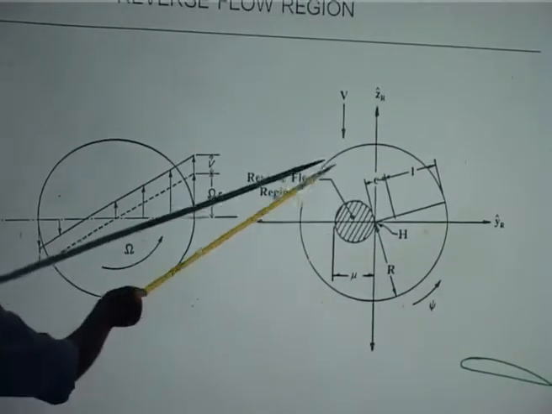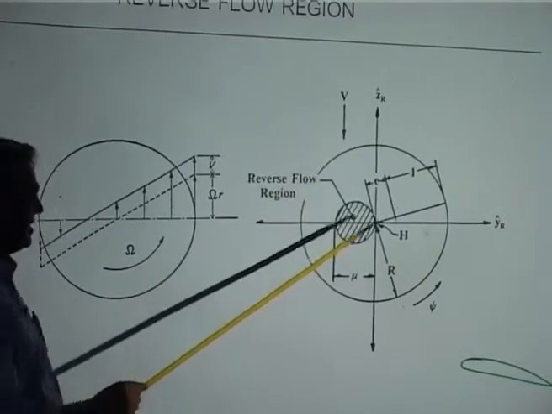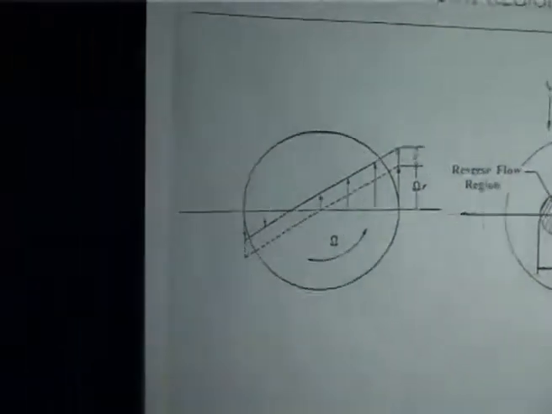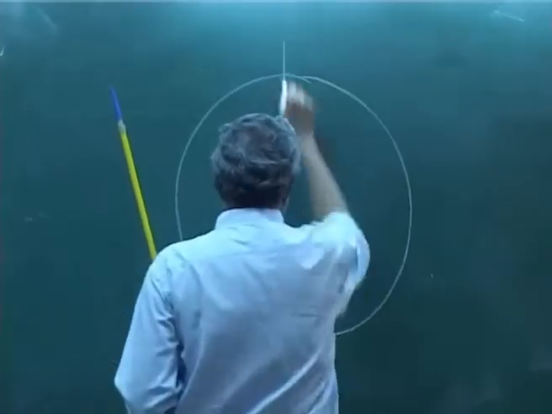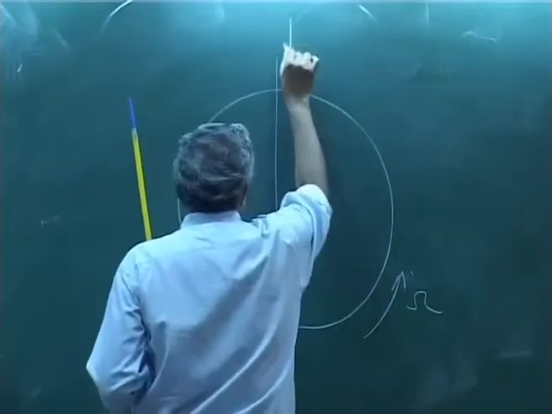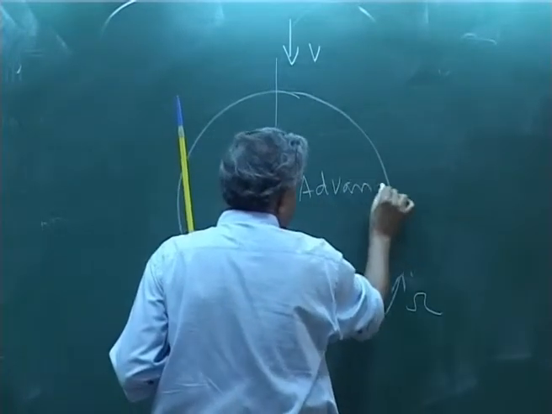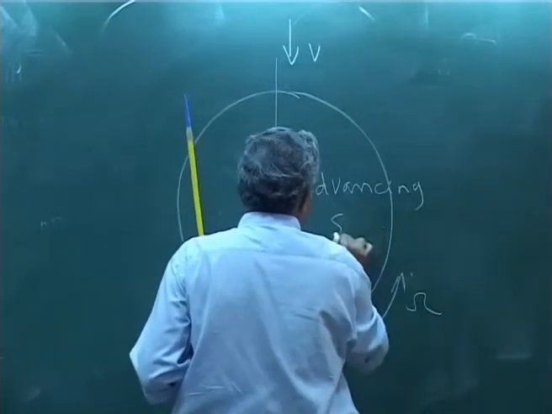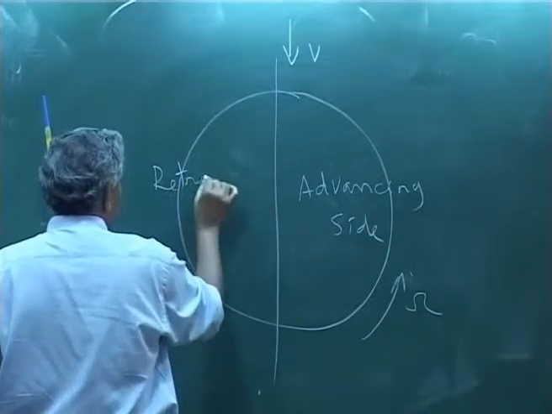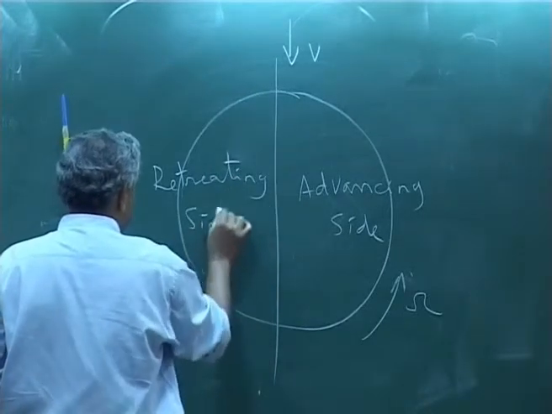But when you go to this half of this rotor disc, you divide the disc into two parts. If this is omega, this is V, you call it advancing side. Okay, we will do this again later. Okay, this is called retreating side.